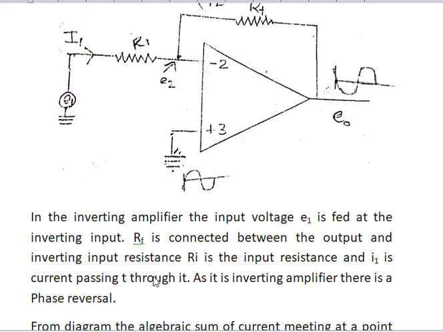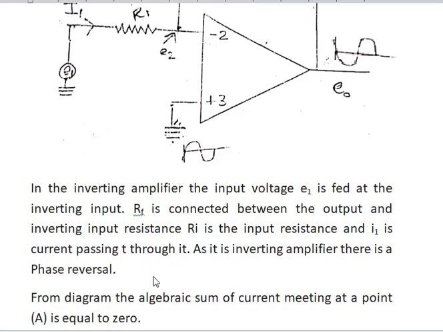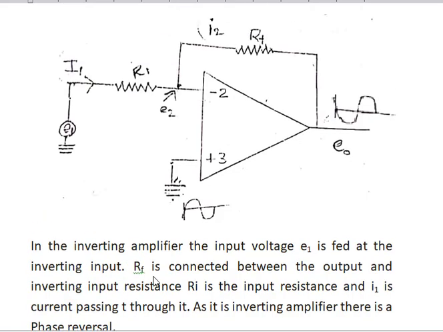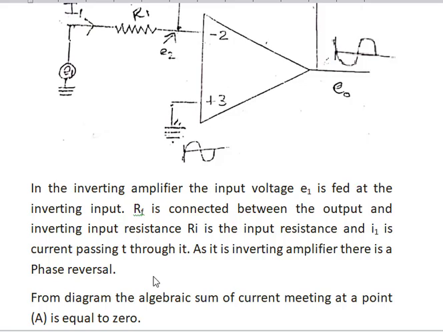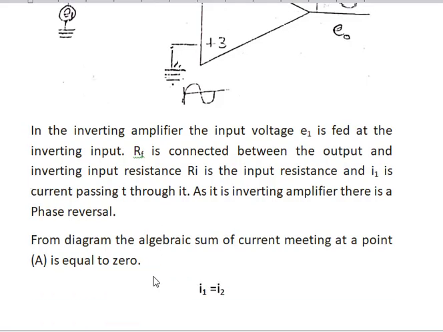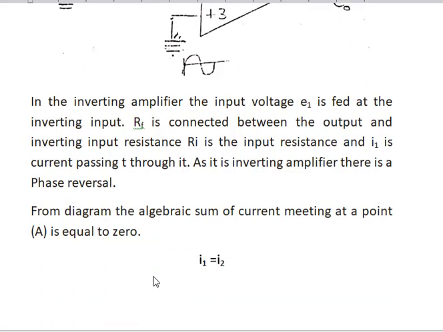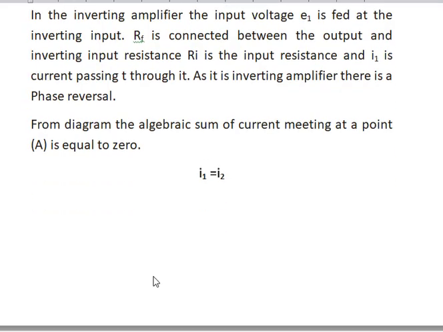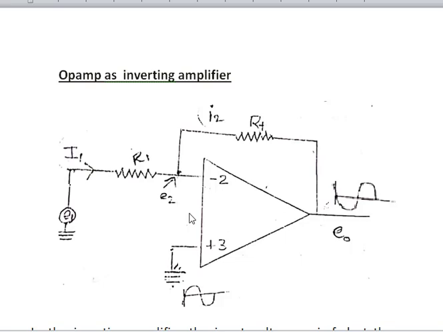In the inverting amplifier, the current I1 is passing through the input resistor R1 and the current I2 is passing through the feedback resistor RF. We know that the algebraic sum of currents meeting at a node or at a point is equal to 0.